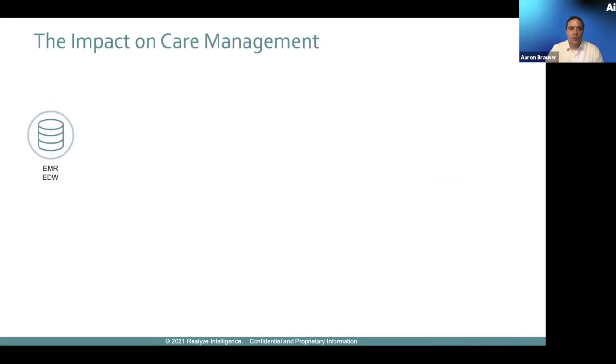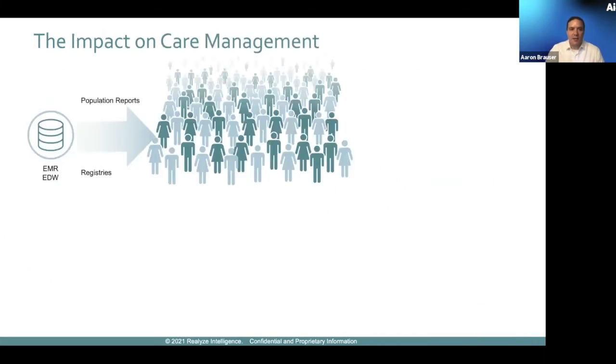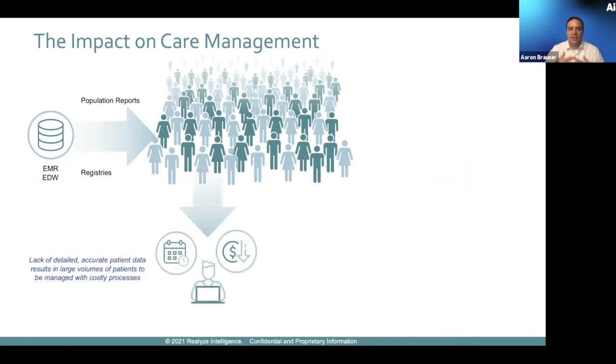So what we do is we take the structured reports or the population reports and get a large population. And this is what happens today. You'll get registries and population reports, and you'll get a lot of different categories. Then we put those today into various processes or different solutions that can take a long time to sort through.